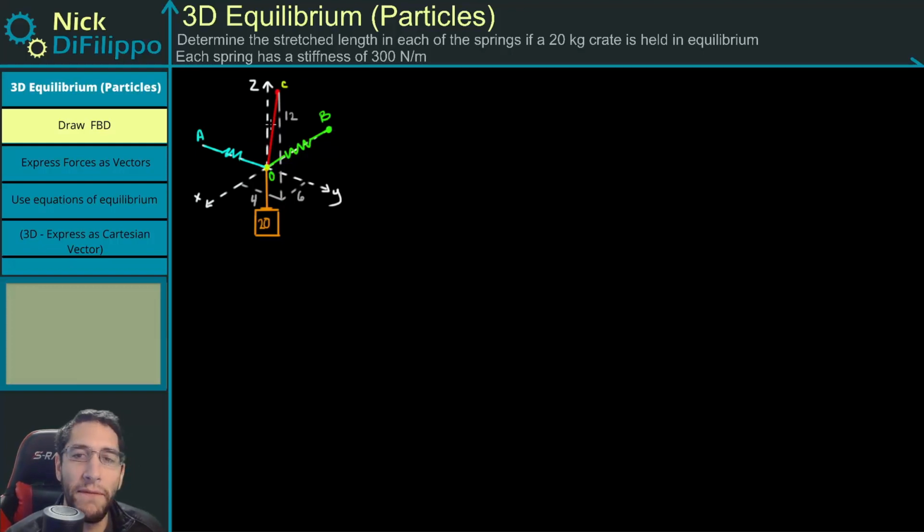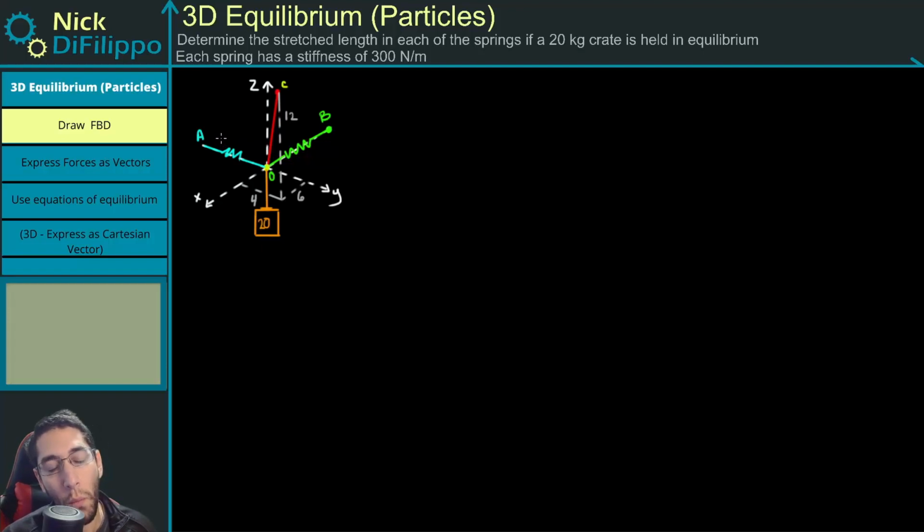So the one problem I found that I thought was interesting is this one, where this weight is held in equilibrium by three forces. Two of these forces are spring forces, and one force is a cable in 3D space.